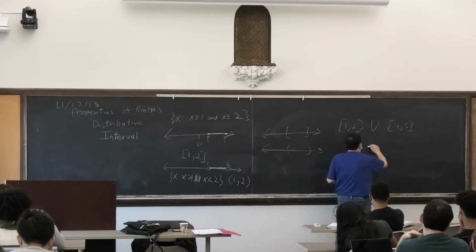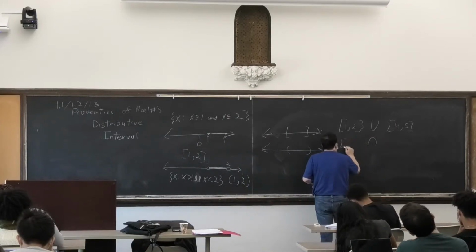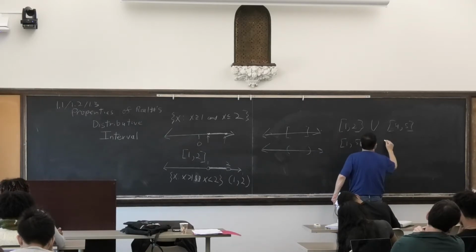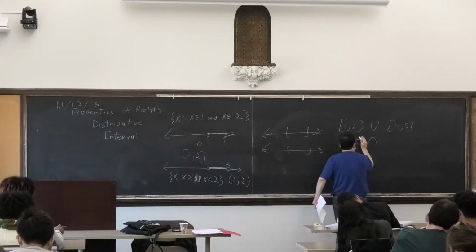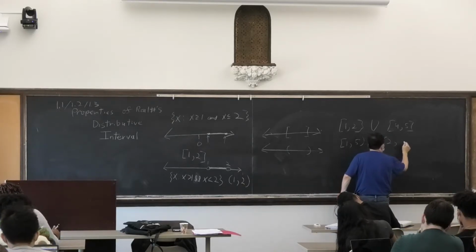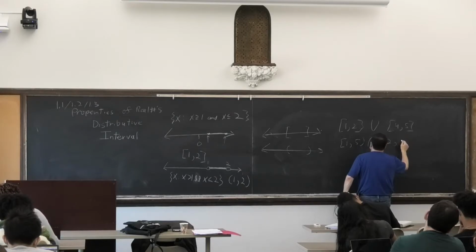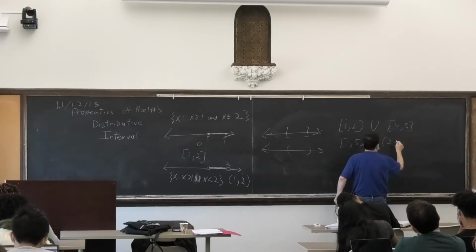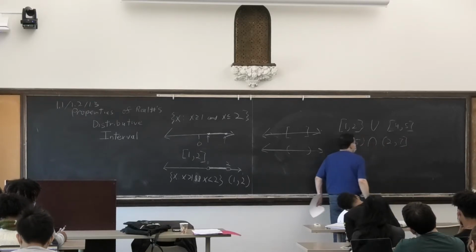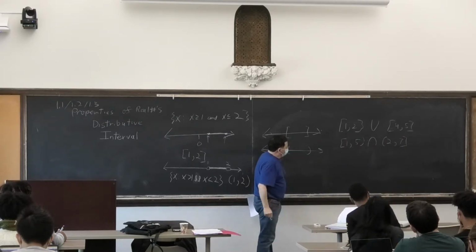We also look at intersections, so intersection of 1, 5, and, let's make it at least a little tricky, 2, 7. So what's the union of 1, 5, 2, 7?